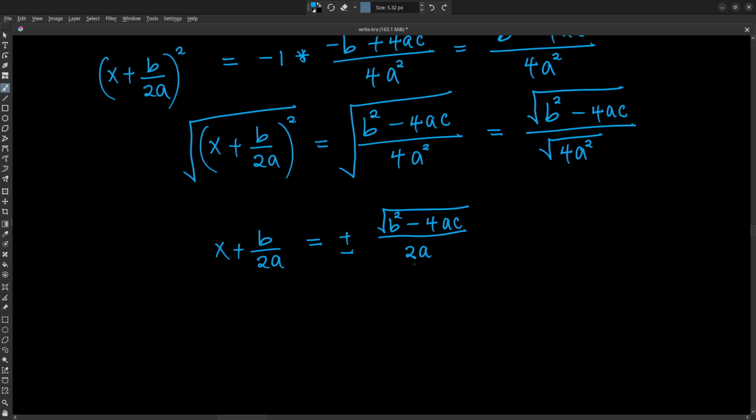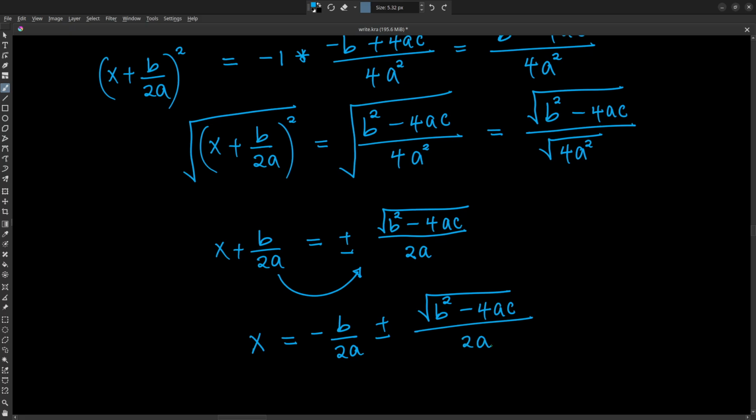Now, to find the value of x, all we need to do is take this term, b out of 2a, to the right side. So on the left, we remain with x is equal to, when this b out of 2a comes to the right side, it becomes negative. So this is negative b out of 2a, then plus or minus the square root of b squared minus 4ac all over 2a.